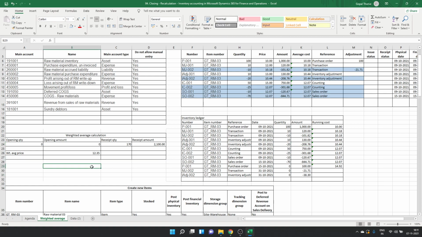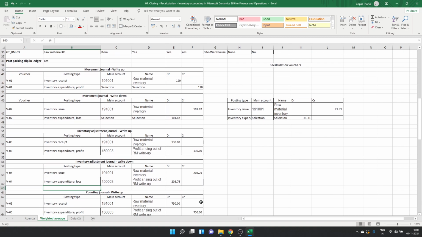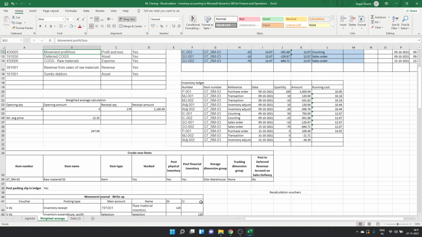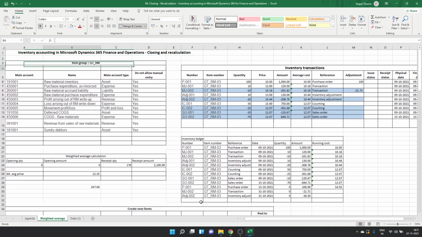So if I multiply this by 20 quantity, then it should be 247.06. And this is also coming up to 247.06. Okay, and this adjustment on the inventory transaction is shown here.